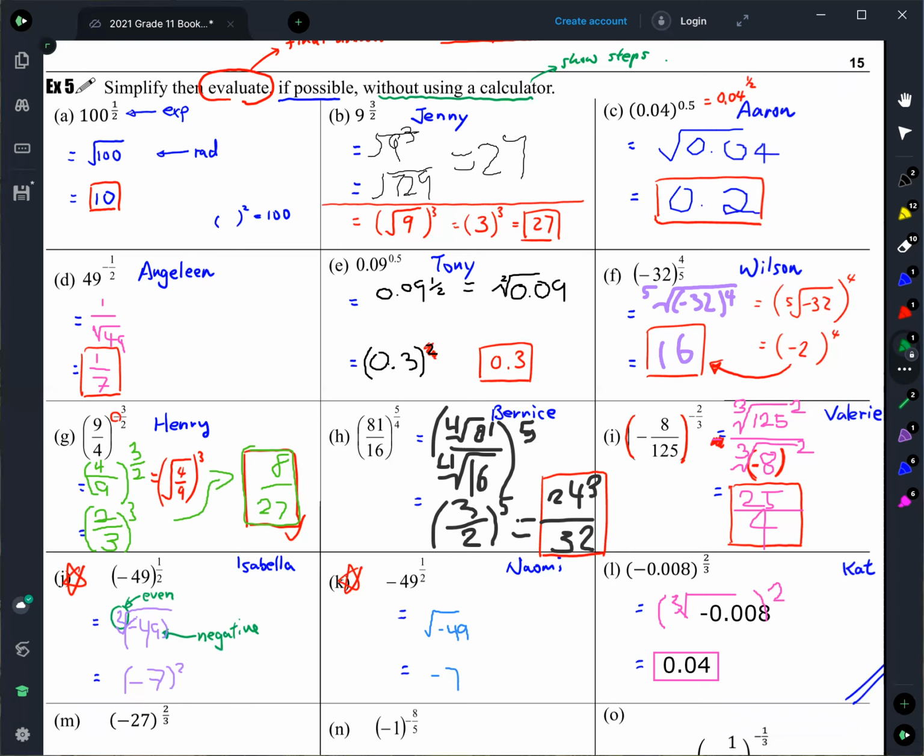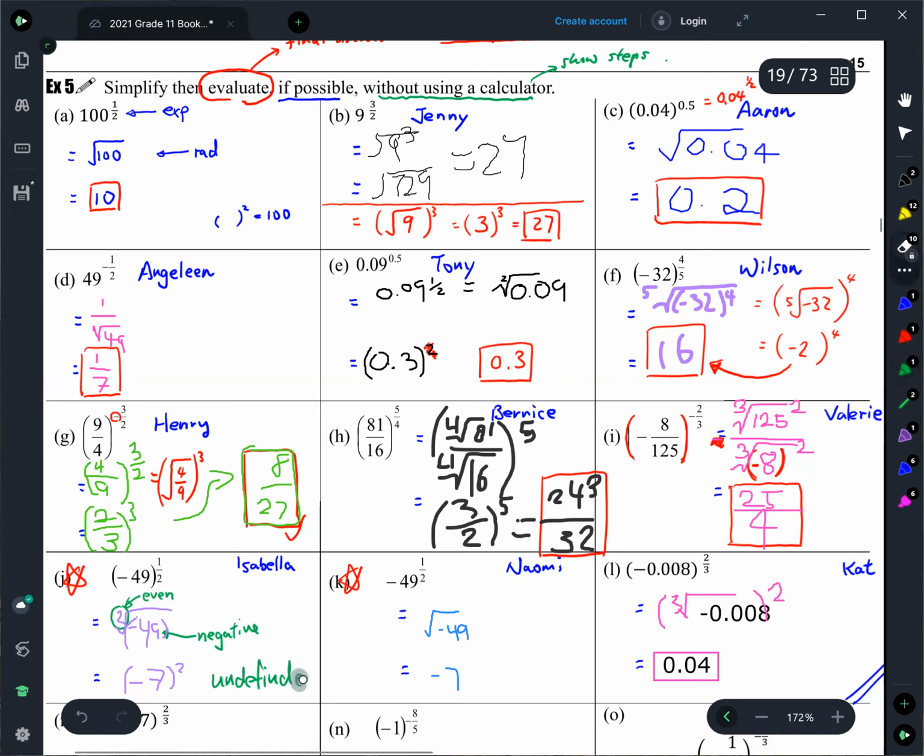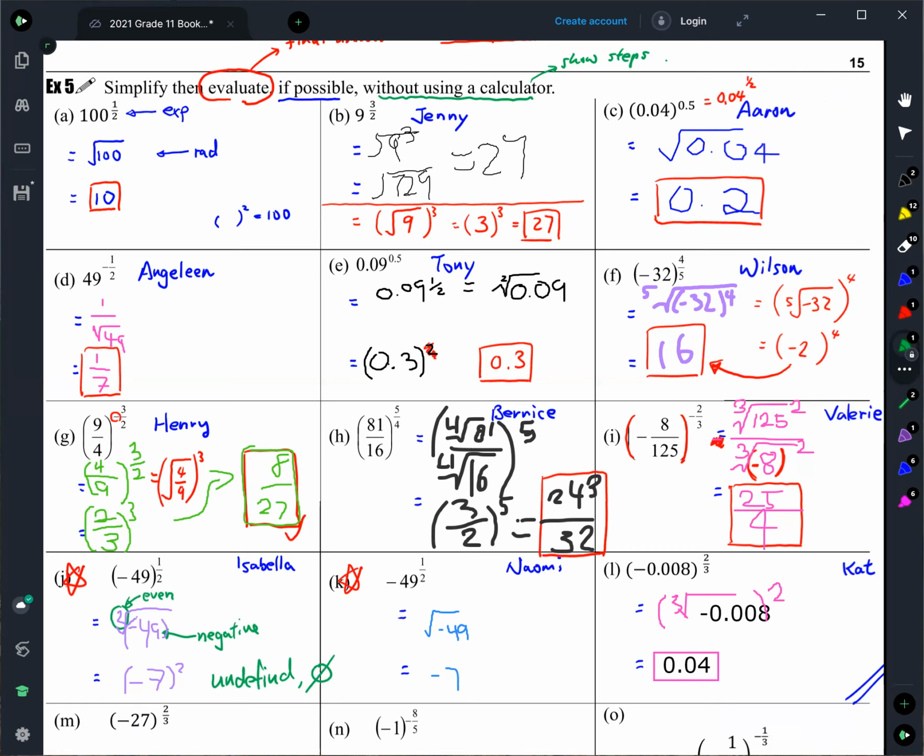When the negative is inside the square root, or the fourth root, if it's an even number, it will be undefined. Sometimes you can write undefined as a 0 with a slash across. That means that it's empty. Empty means no number.